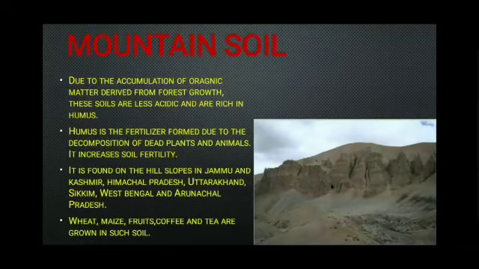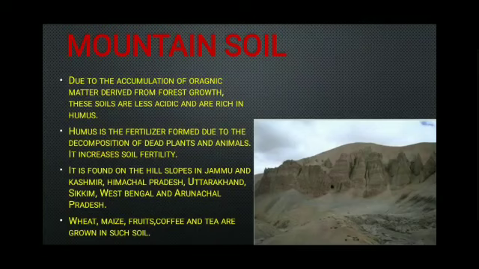My dear students, let's find out about mountain soil. Due to the accumulation of organic matter derived from forest growth, these soils are less acidic and are rich in humus. Humus is the fertilizer formed due to the decomposition of dead plants and animals.